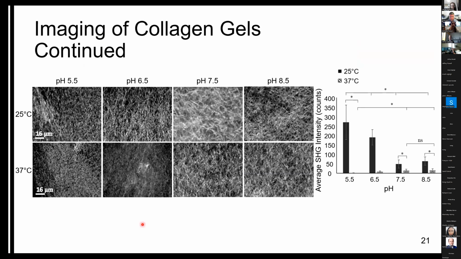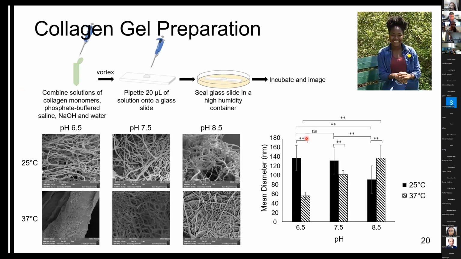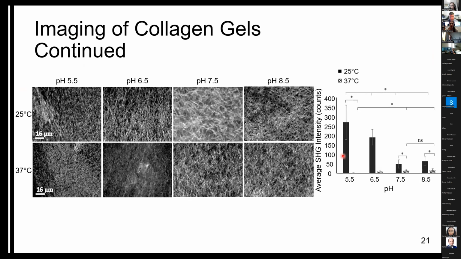And as seen from the last slide, it seemed like the SHG of the collagen hydrogels polymerized at 25 degrees Celsius gave greater signal, but that may be because the diameters of the fibers were greater. But regardless, during this project, we really realized the complexity of studying collagen.